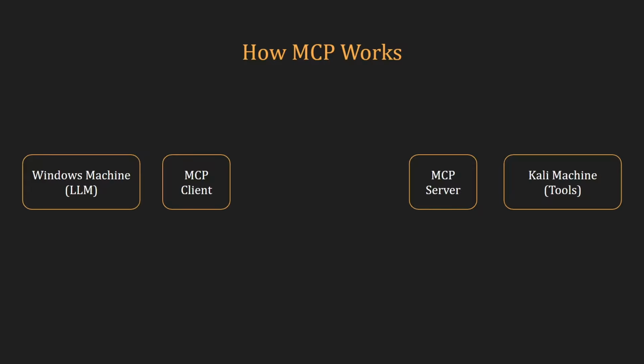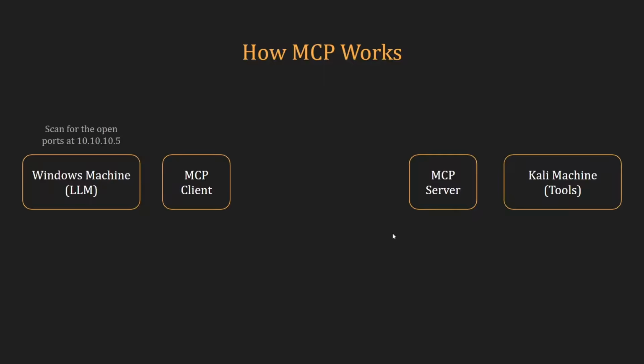When we chat to our LLM model saying, scan for the open ports at some target, here in our example I've just stated 10.10.10.5, the Windows machine will understand that to execute this particular task, it needs a tool called Nmap.